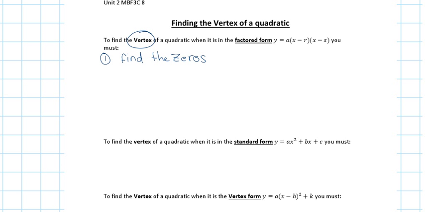Then find the average between the two zeros. So find the axis of symmetry by adding the zeros and dividing by 2.